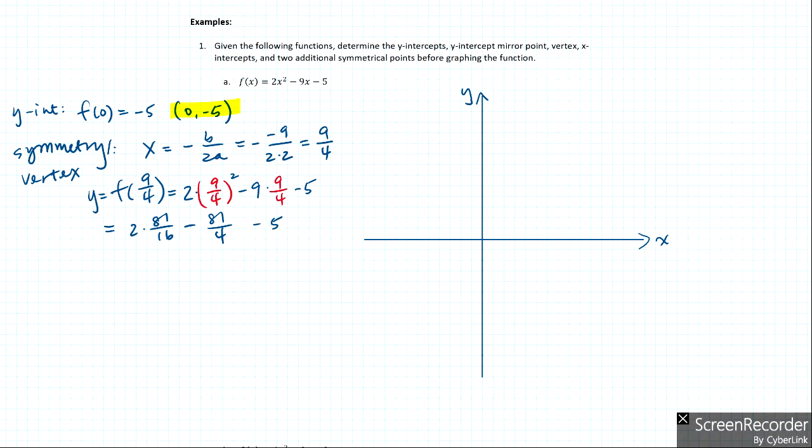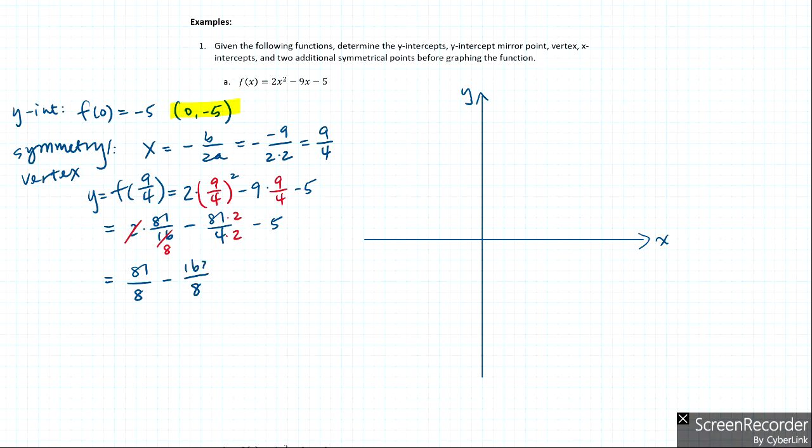We have a little bit of cancellation: 2 and 16 cancel out to leave a factor of 8 in the denominator, meaning we would get 81/8 minus 81/4. In order to get the least common denominator, I'm going to multiply 2 on both the top and bottom, which gives me 8 in the denominator, so I can do the subtraction more easily later on.